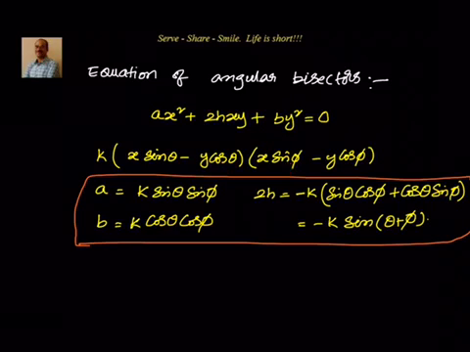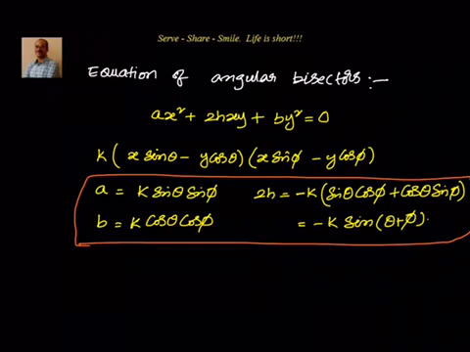Now we know the equation of angular bisectors is given by, suppose I have combined lines, or let me write it in another way. If these are the two lines, then we know that the angular bisector will have the same perpendicular distance from these lines to any point on the angular bisector.